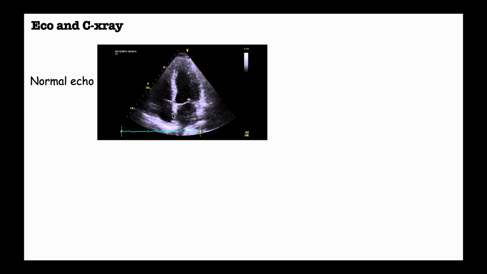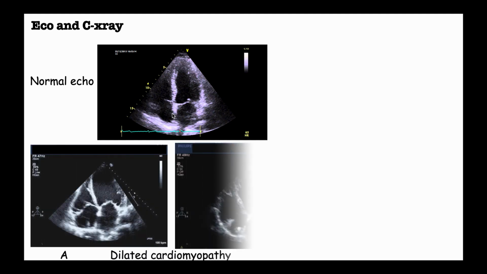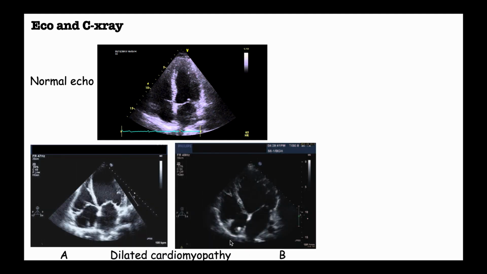Now, when we compare this to A and B over here, what we find is that there is dilatation of the left ventricle in A, as you can see. So the chamber is so much dilated when you compare it to the chamber over here. And as you can see, the walls are getting thinned out like a balloon.